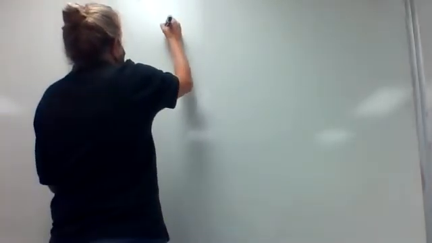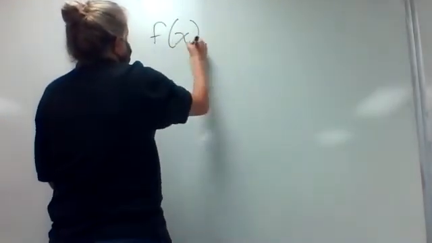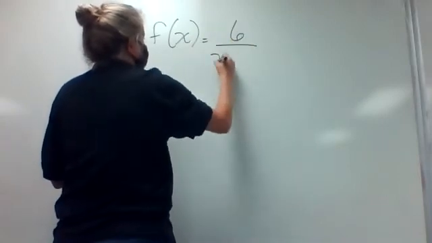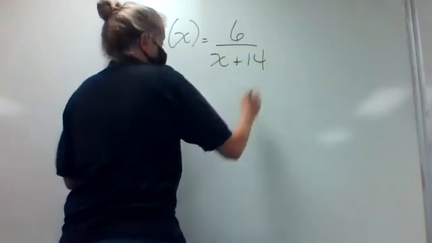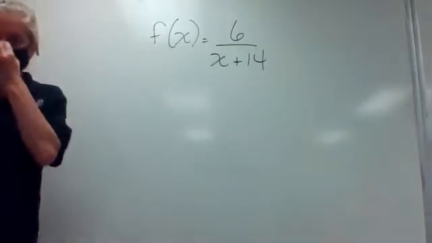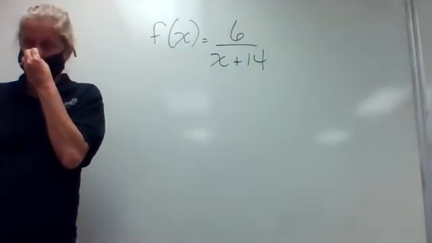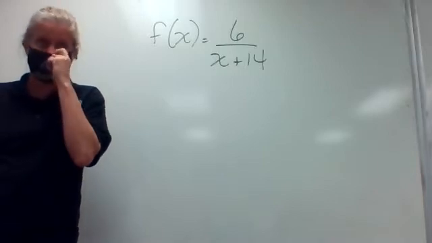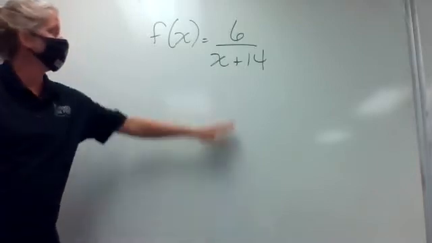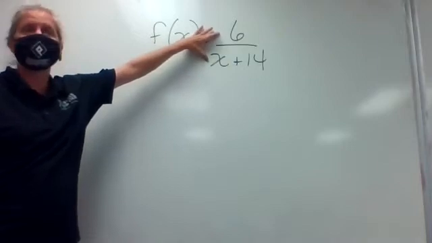So number 3 says, find the domain of this function. F of X equals 6 over X plus 14. My function is a fraction.